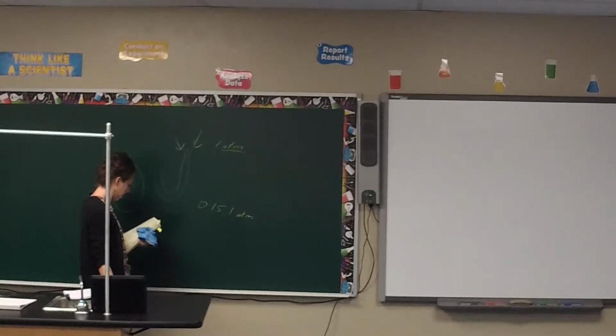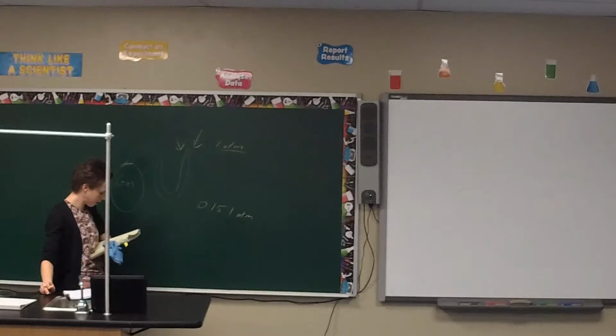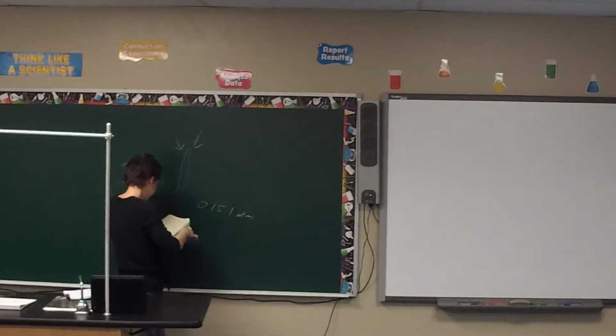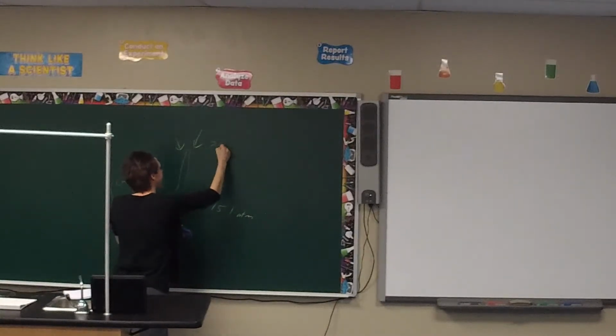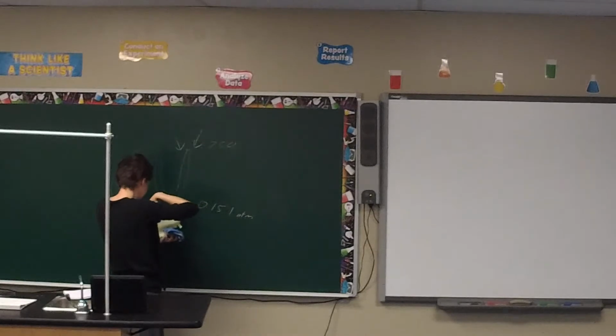I think I messed up. Hang on. Your book points out the difference in mercury level is 150 millimeters. What is the pressure of the atmosphere? The atmospheric pressure is 750 torr. I wrote down the wrong thing and went ahead and converted. I'm so sorry, I misread that. The atmosphere is 750, and that's where I got my 115 from.